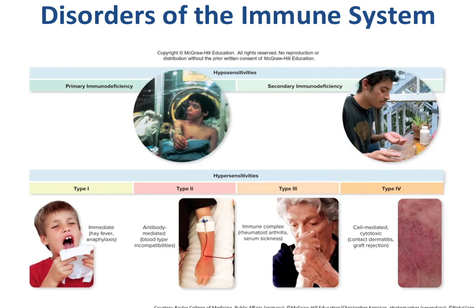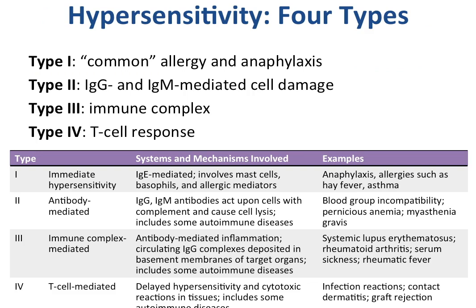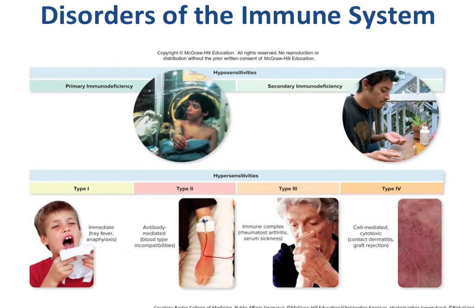Hypersensitivity is classified into 4 types, from type 1 to type 4. Hyposensitivity means the immune response is very weak, so it can induce infections in us.